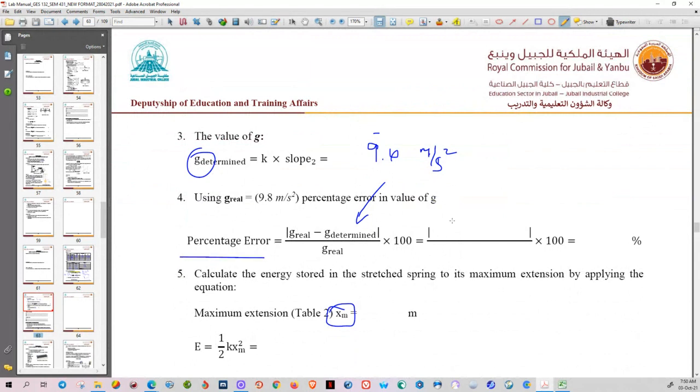So the real value, 9.8 minus 9.6 over 9.8, don't forget to multiply by 100%, and that gives you the percentage error here. That's how you will calculate gravity and check your percentage error with the real value, which is 9.8. That's it, done.